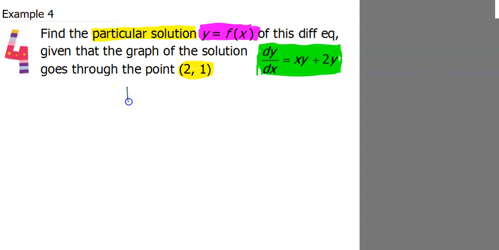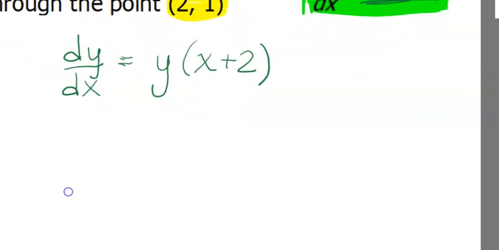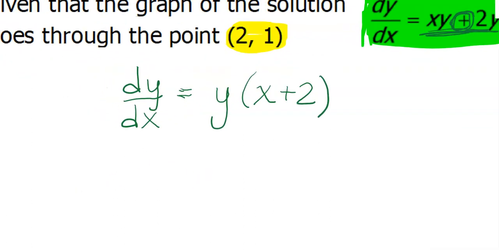I'm going to leave the left side alone for right now. On the right-hand side, that addition is an issue, so I'm going to factor it to turn that addition problem into a multiplication problem. So I have y times (x plus 2). The fact that I am now multiplying two things solves all of my issues.